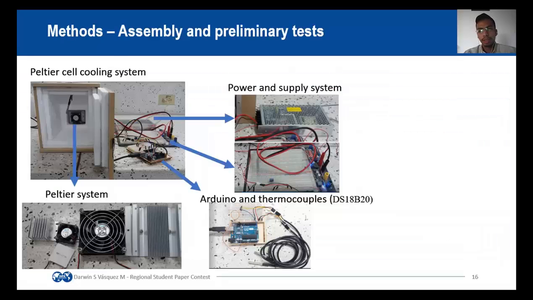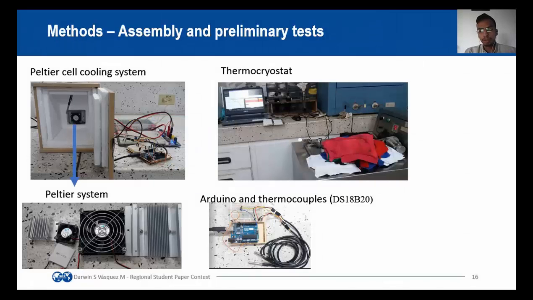For the assembly, initially I developed a Peltier cell cooling system, which didn't reach temperatures below 6 degrees Celsius. So I carried out some tests with the pure solvent in a thermocryostat. This equipment is used to find pour points.